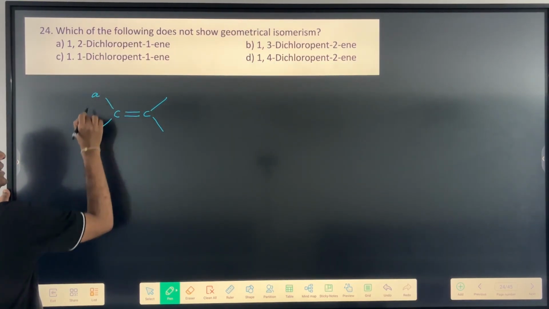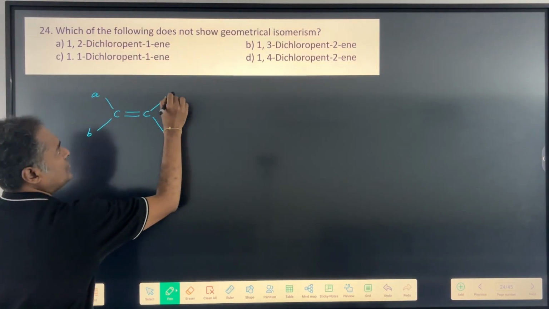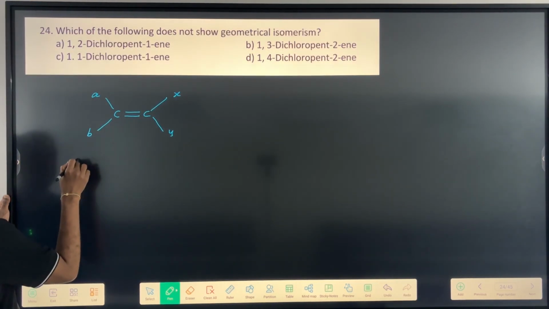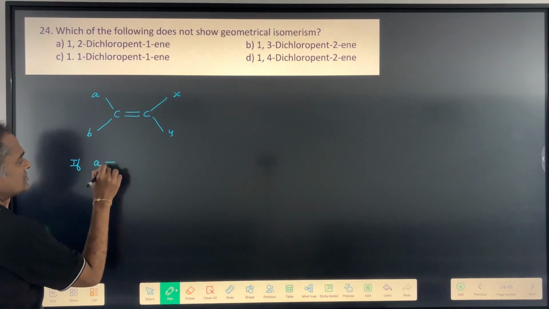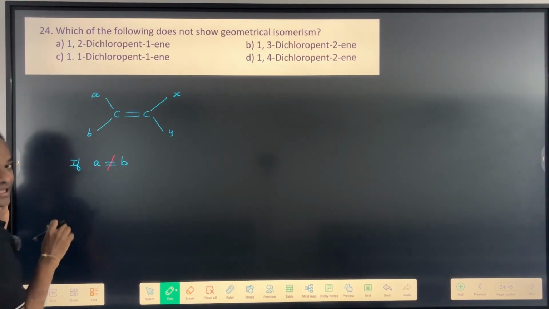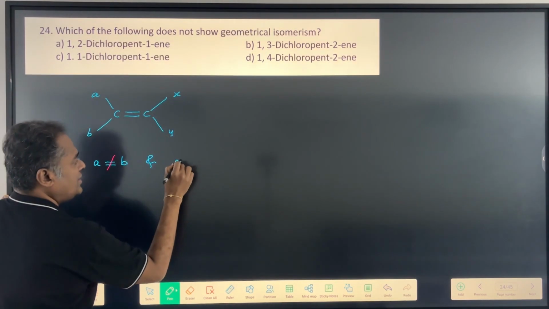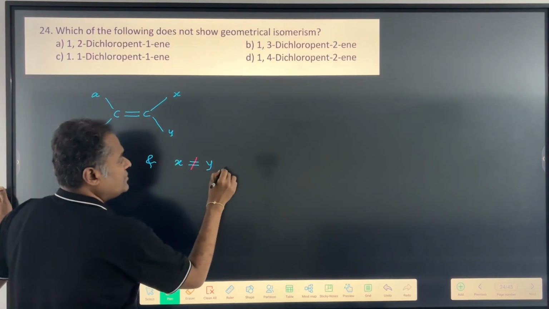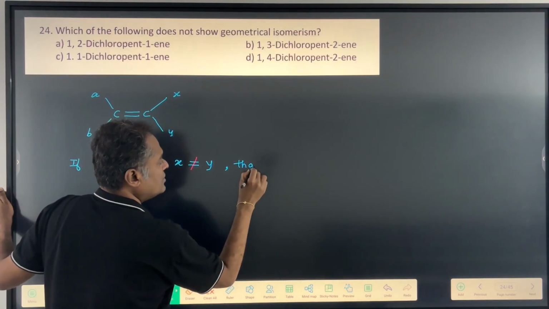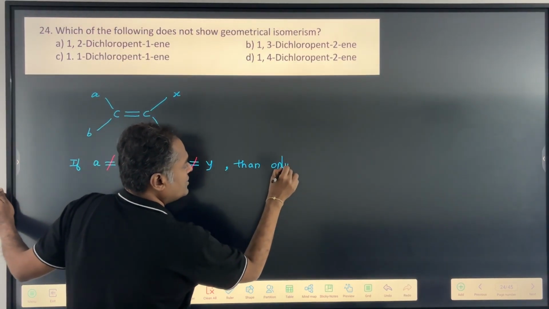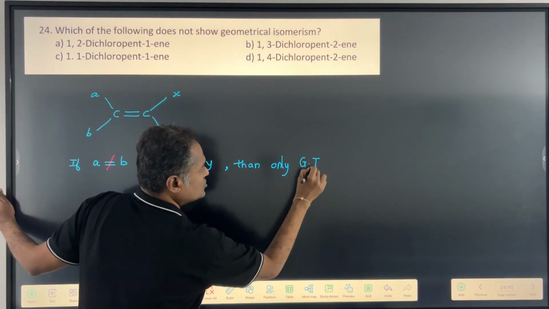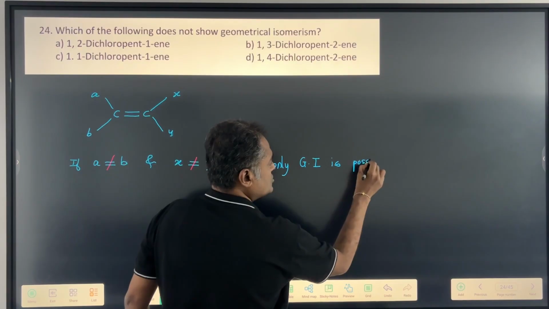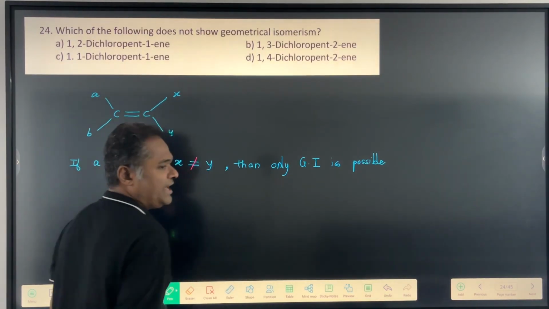Suppose I have got a group A and B, and let's say you have got a group X and Y. The condition is if A is not equal to B and X is not equal to Y, then only geometrical isomerism is possible.